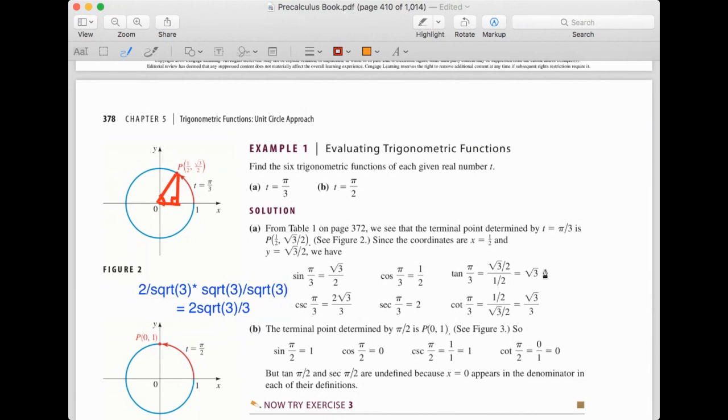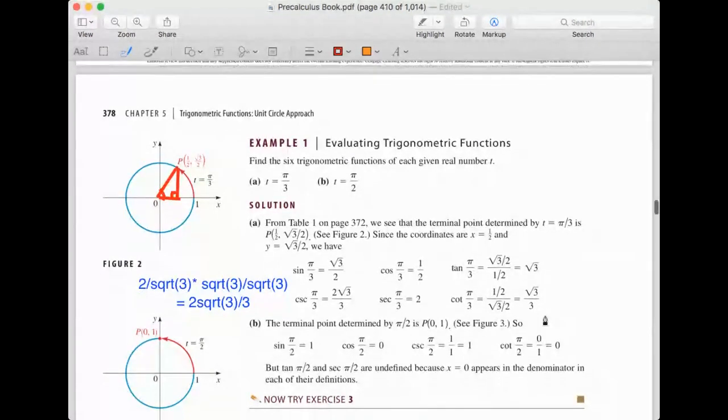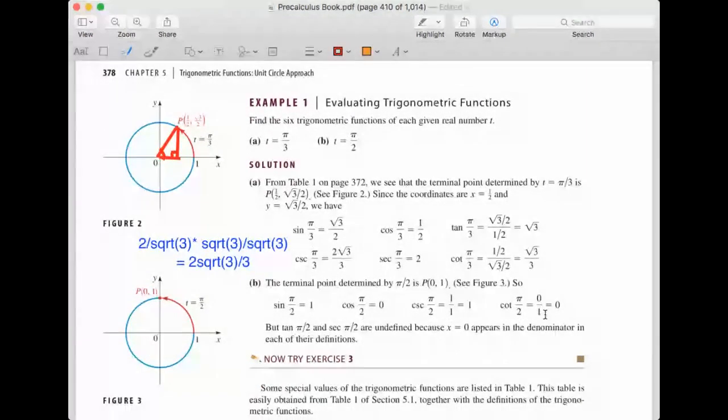We multiply by square root 3 over square root 3, and then we get square root 3 over 3. So we want the denominator to be a whole number, a counting number. 1, 2, 3, 4, this is called a counting number. All right. Any questions?